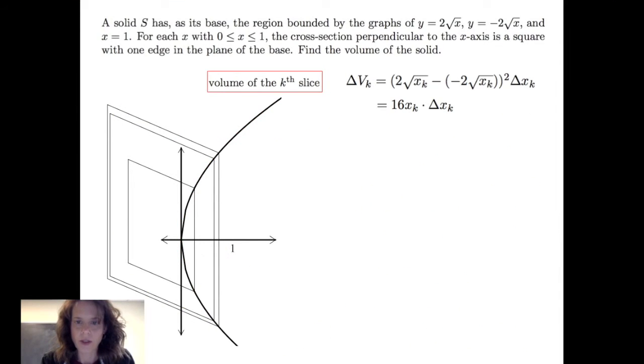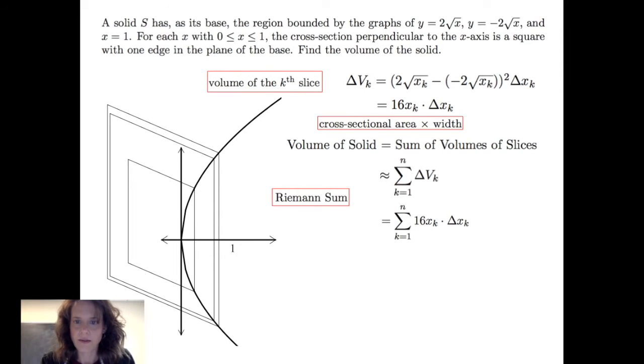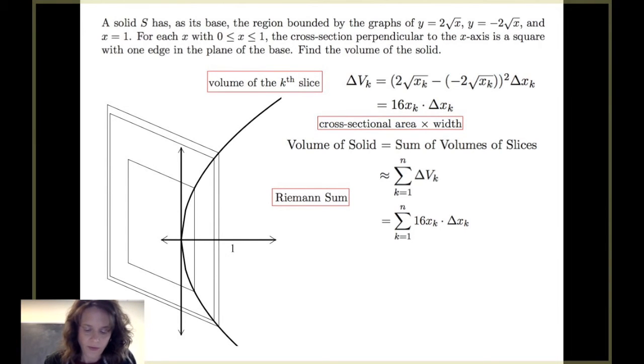And now I'm going to sum the volumes of the slices and develop a Riemann sum. So I've got that the volume of the solid is approximately equal to the sum from k going from 1 to n of delta V sub k. And I simply have the kth volume calculated.